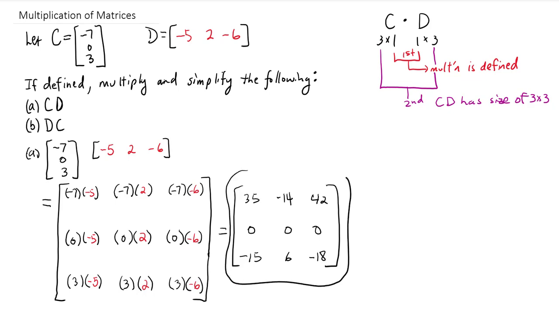What about D times C? Why don't we check? Part B, if you write D times C, and we know that size D is 1 by 3, and size C, or matrix C, has size 3 by 1.